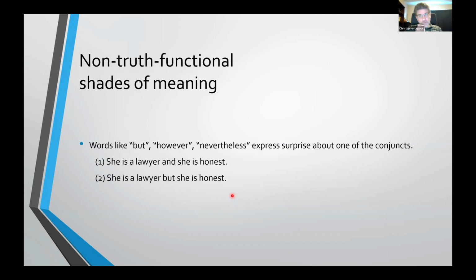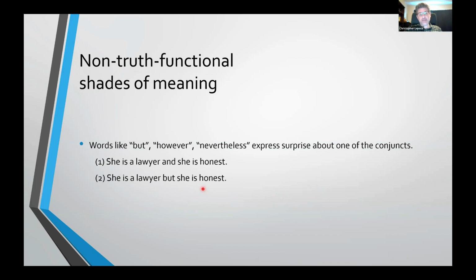There are a lot of non-truth functional shades of meaning that you'll get. One of the things that's very, very common is that words like but, however, nevertheless will indicate surprise about one of the conjuncts. So compare she is a lawyer and she is honest versus she is a lawyer but she is honest, right?